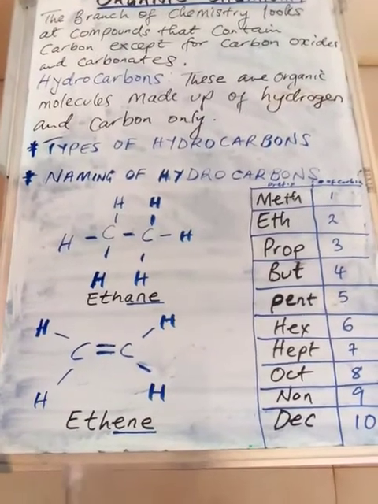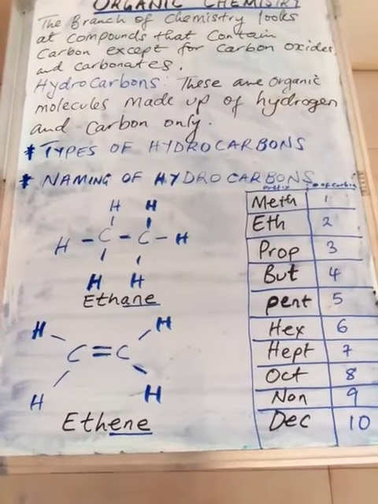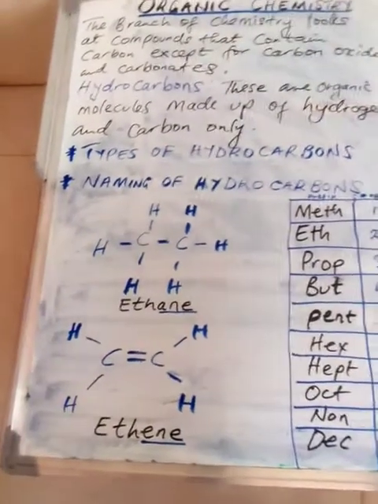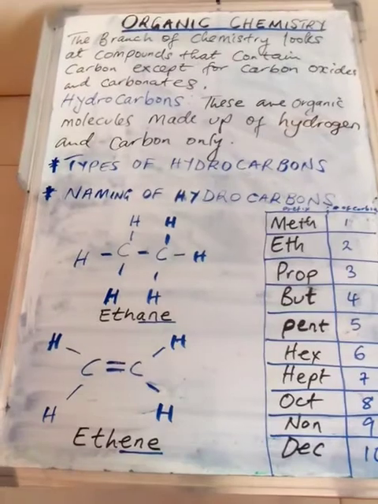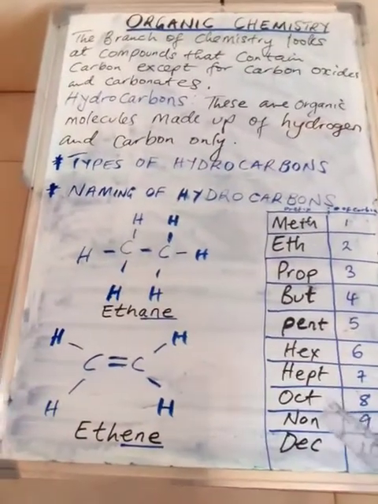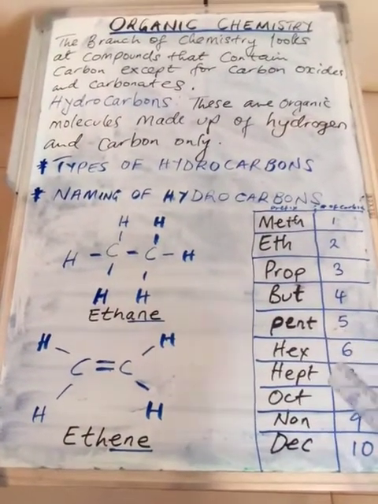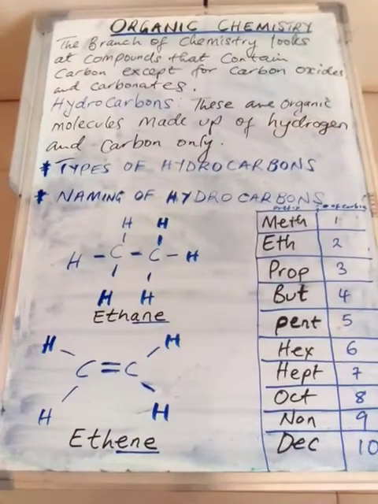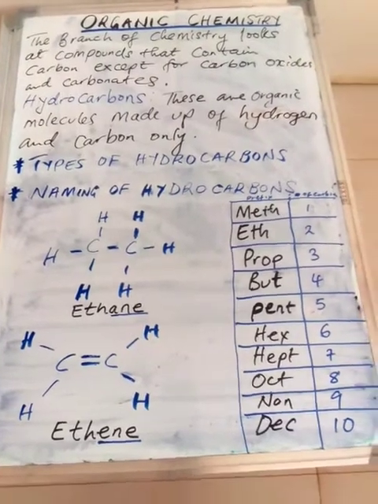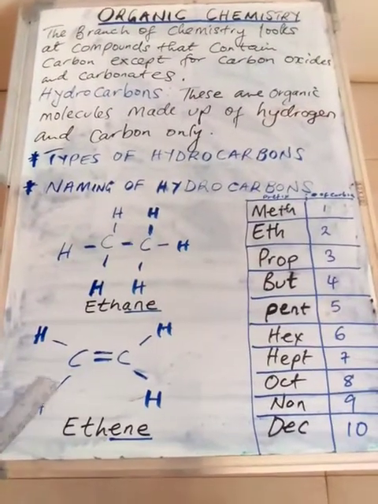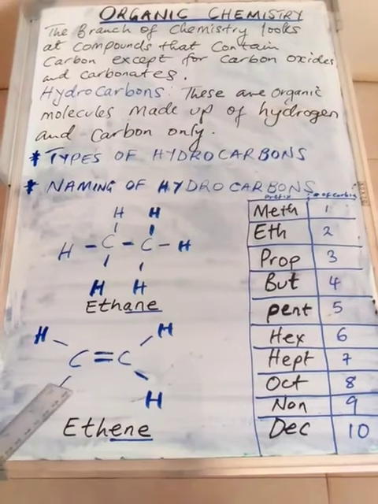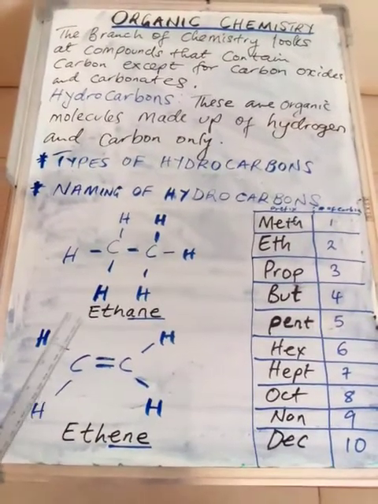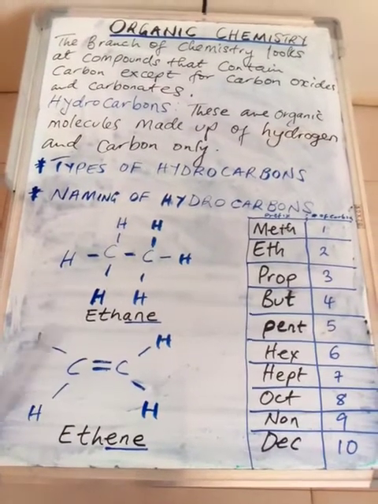Remember that before you can give any particular name to a hydrocarbon, you have to count the number of carbons it contains and then use this same table to determine the prefix that its name is going to have. And then at the end, you are going to get the last 3 letters of that particular group and attach them to that prefix and come up with that name.